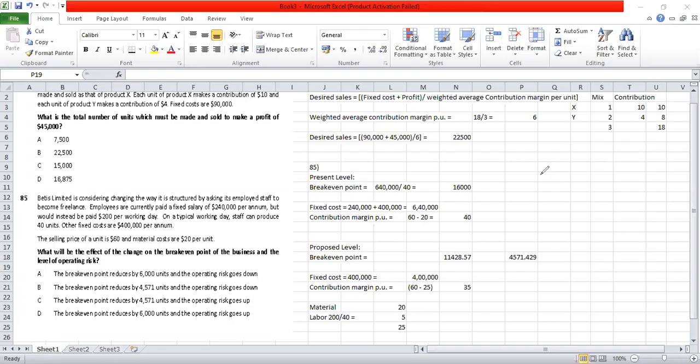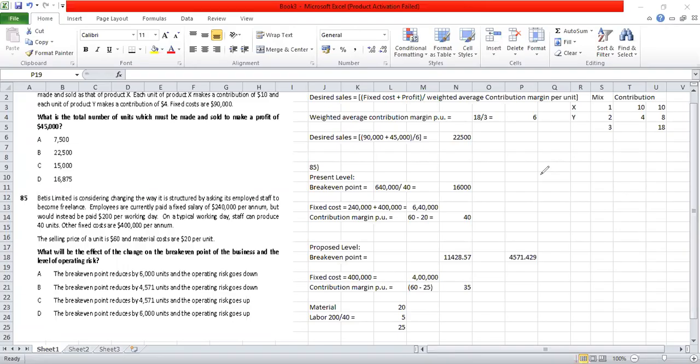On that note, according to the proposed change, their fixed cost is reducing, so the contribution will have to take care of only 400,000. So they will reach that break-even point faster than in the present situation.